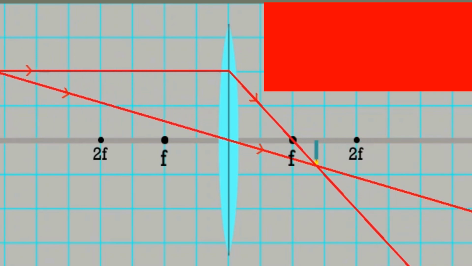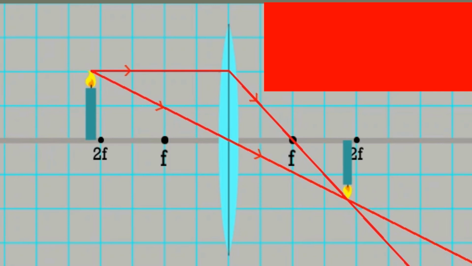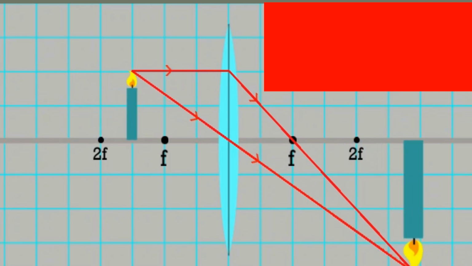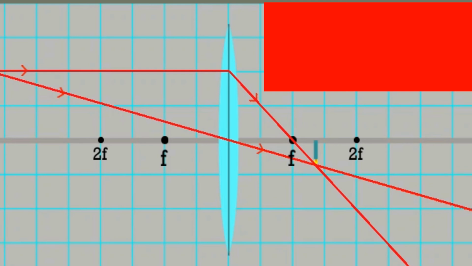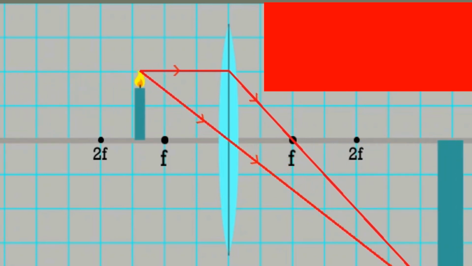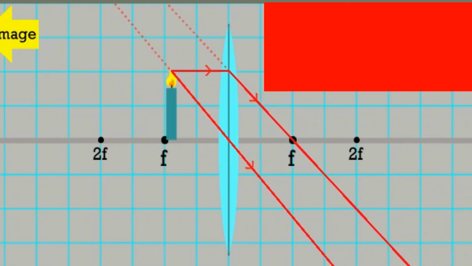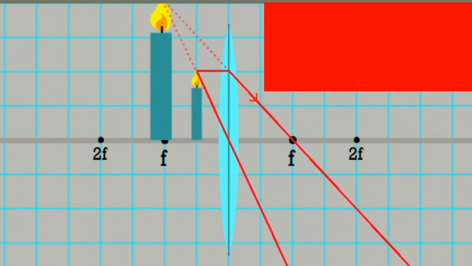When the object is moving towards the lens, the image is moving away from the lens. So this is the observation. And in the case where the object is placed between the optic center and focus, we will get a virtual image. Clear? Very good.